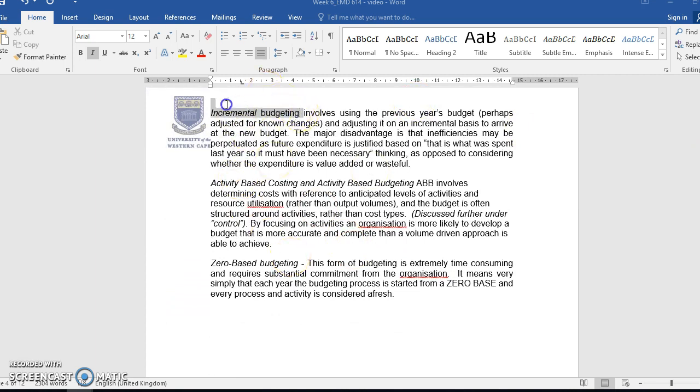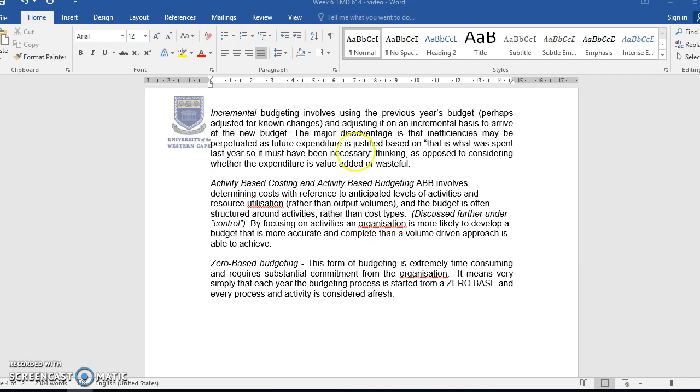Now, incremental is what happens in most organizations. You take last year's budget and you basically just either use it as is or make some slight adjustments like inflation to arrive at this year's budget. So this is the most commonly used. It's the easiest way to prepare a budget.